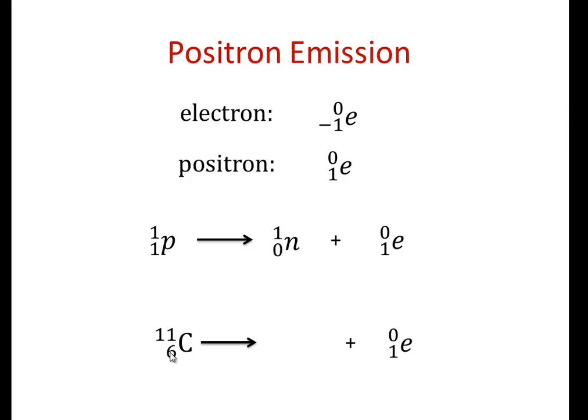Sorry, that's my daughter playing. And so ask yourself, look at the periodic table. What is the element with atomic number 5? That's right, it's boron. However, the mass number does not change. You've simply exchanged a proton for a neutron, so the total number of nucleons remains the same. And then that kicks off a positron.